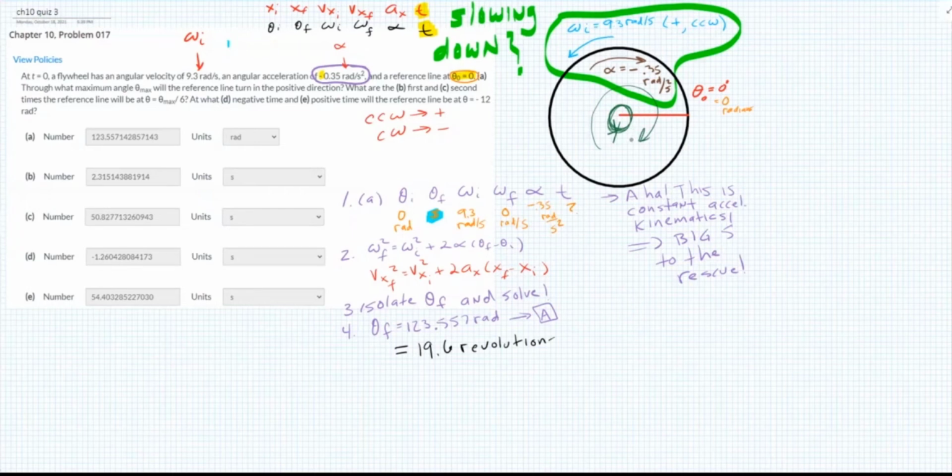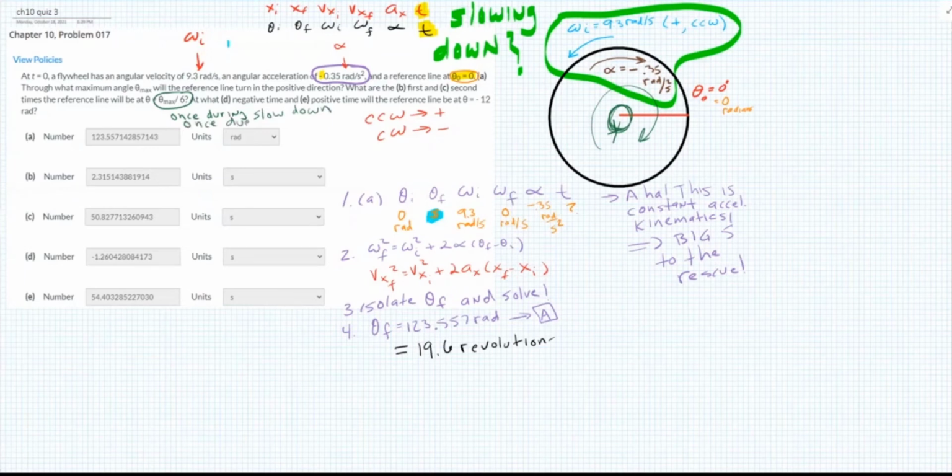It starts to go clockwise. So I'm slowing down while going counterclockwise, then I stop, and then I start to go clockwise, which is why it's saying I'm going to hit this value twice: once during the counterclockwise motion, once during the slowdown, and then once during the speeding up.